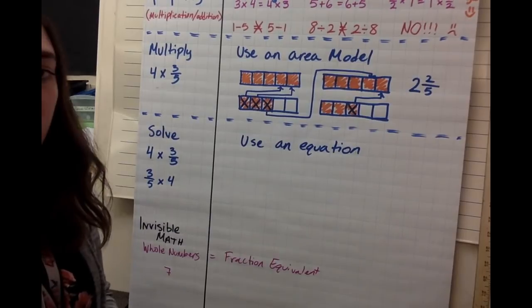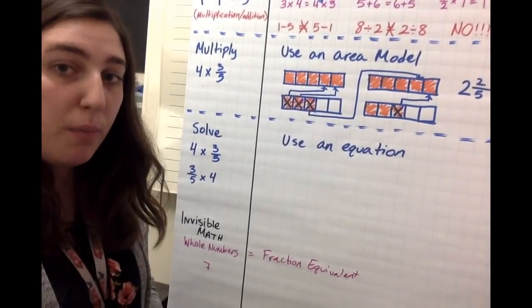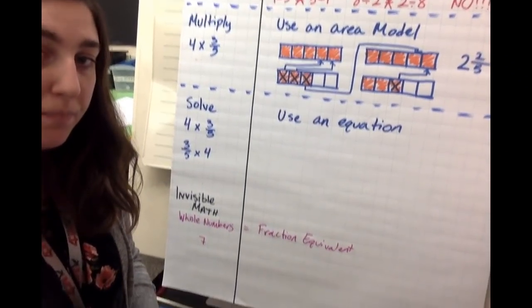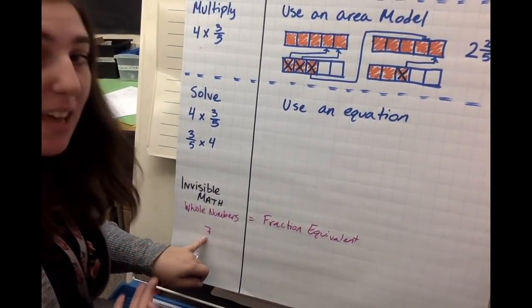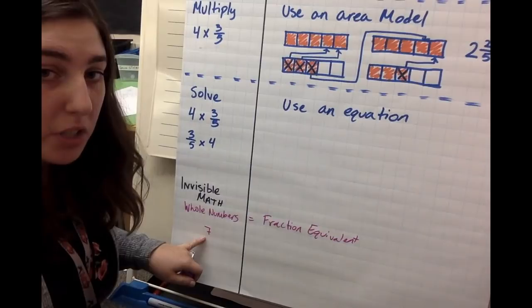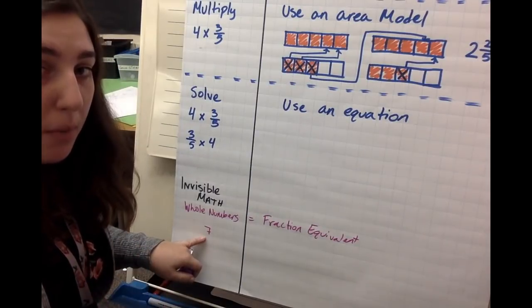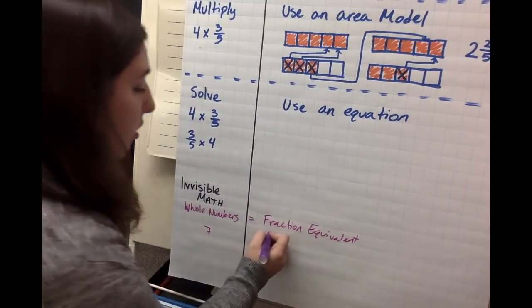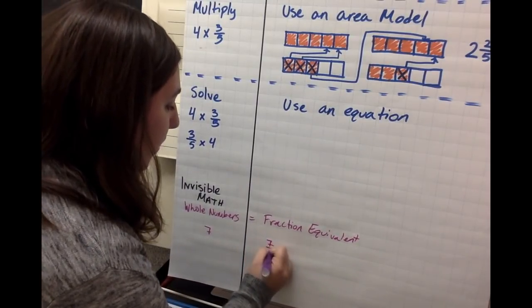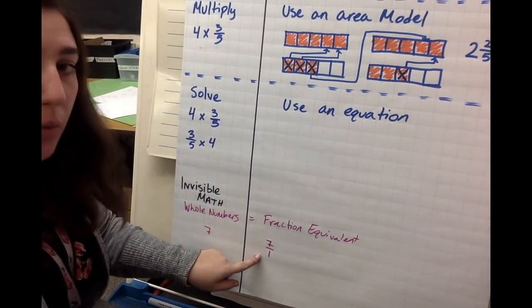So from what we saw on the invisible math wall, we're going to show how we can write 7, our whole number, as a fraction. Because remember, every whole number has a 1 under it. Okay, it has a 1 as a denominator. So here's our fraction equivalent. 7/1.